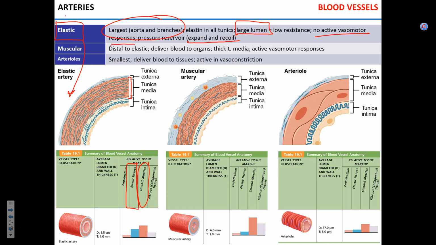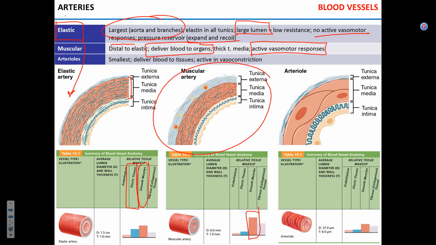Now the smaller arteries, smaller in diameter, are called muscular arteries. They have much higher proportion of the smooth muscle. They have extremely active vasomotor responses, and their main function is to regulate the blood flow to the organs.